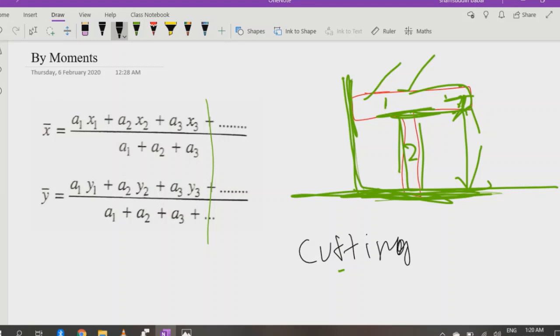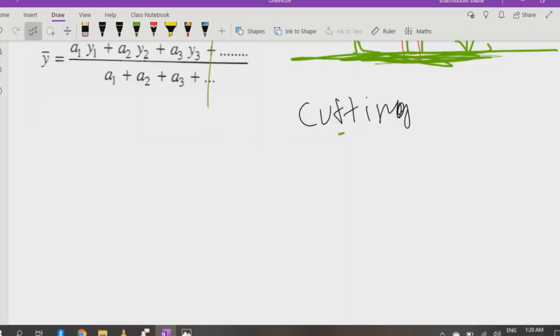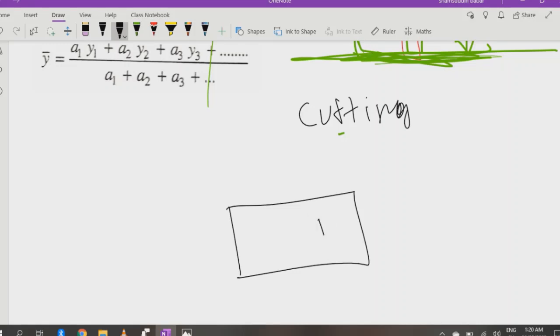Now a cutting section is quite simple. For example, you have been given a rectangle section and you have been told that a rectangle or a circle is cut from it, so you can make sections.